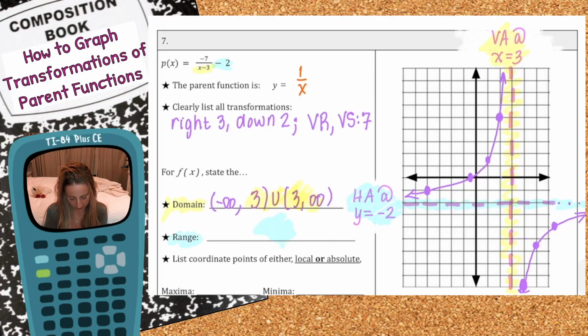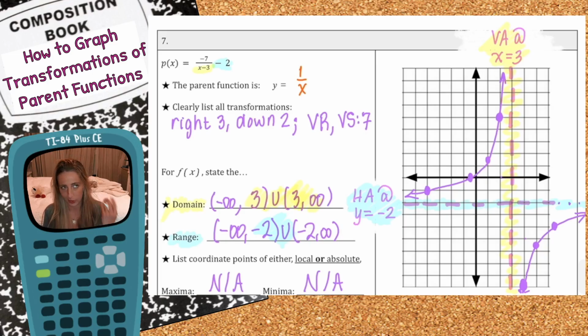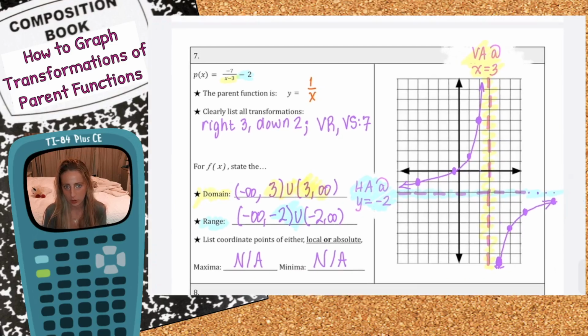So that's going to affect right over here. What's that? That's going to be from bottom to top, negative infinity until negative 2, union negative 2 until infinity. And are there any extrema? None, none, and none. We end up changing, if anything, from increasing to decreasing in a graph like this, really in the volcano, over an asymptote. And there's no point there, so you wouldn't have any extrema at that.